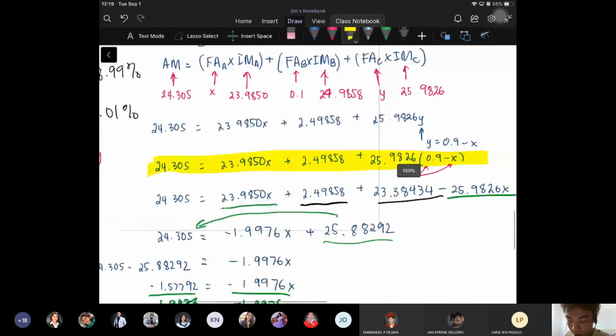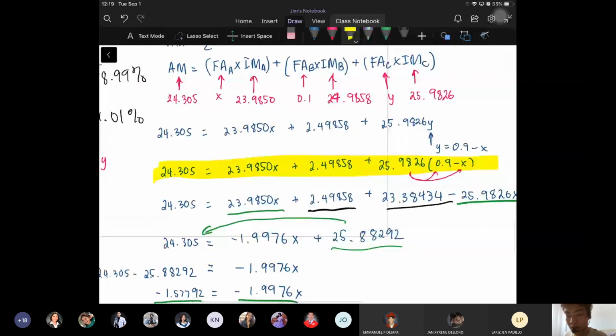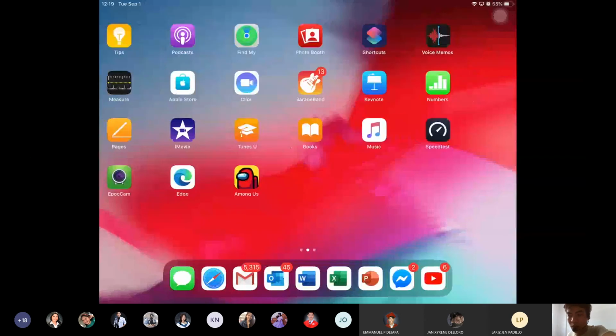What I'm going to do is plug this equation into my calculator. Let me show you the calculator.